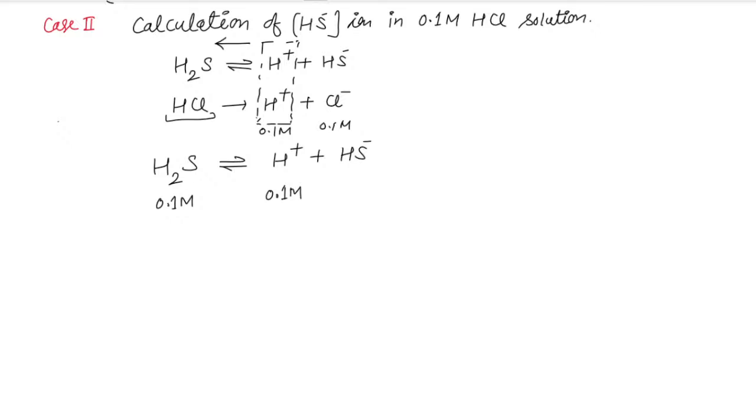Now we have to calculate the HS negative ion concentration in the presence of HCl. Earlier we took H plus ions as 0 in the first case, but now H plus ions are 0.1 molar due to the presence of HCl. So now this is the initial concentration.